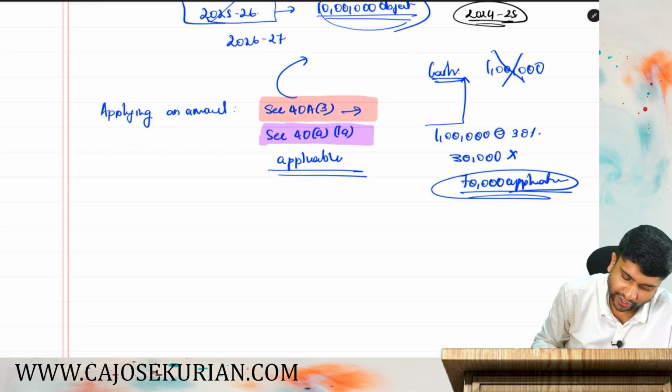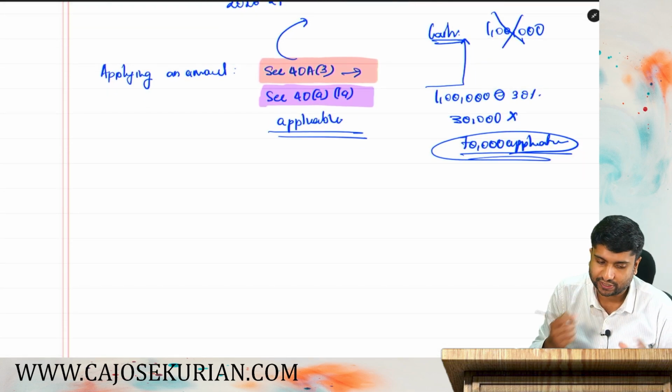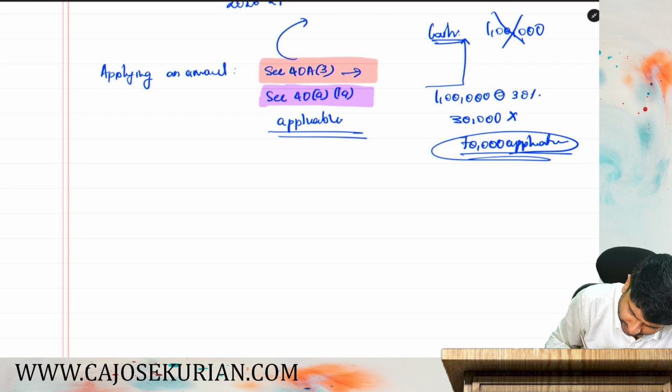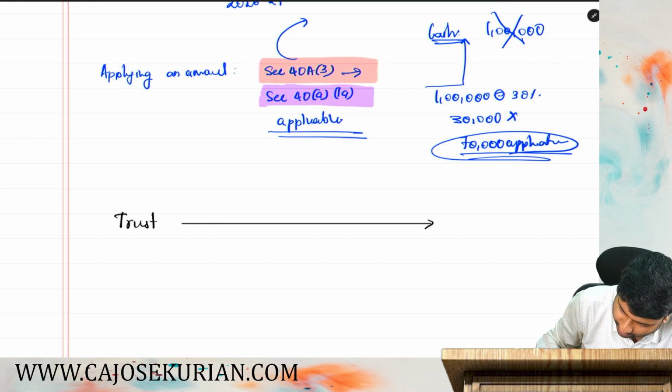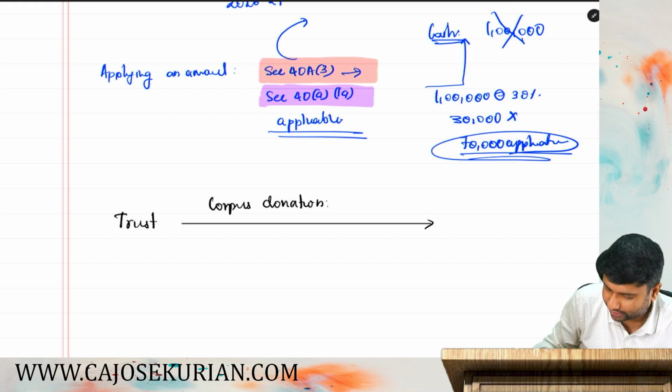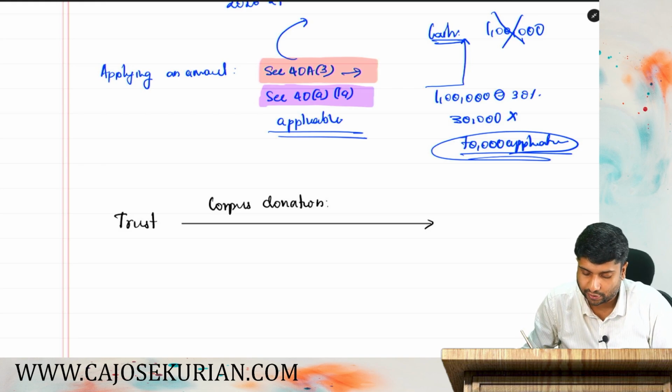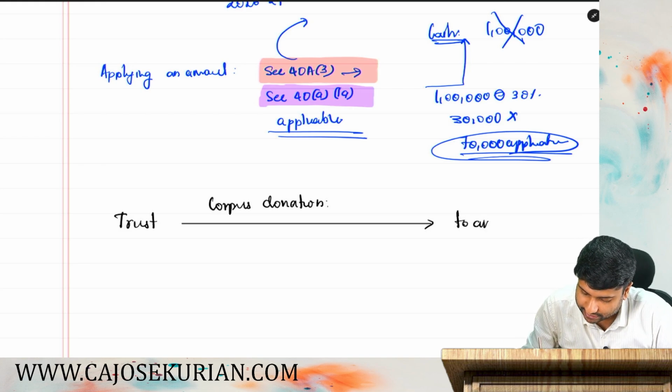Moving on to the next point again, which is also connected with the application point. So the next point, listen, you are a trust and you are giving a corpus donation to another trust. Now, what is a corpus donation?